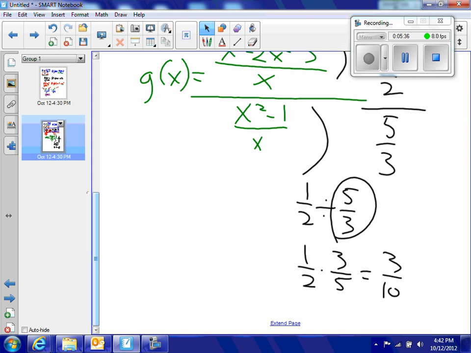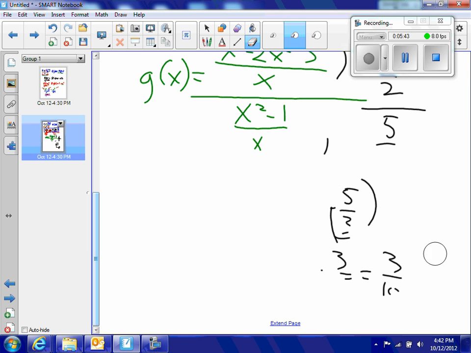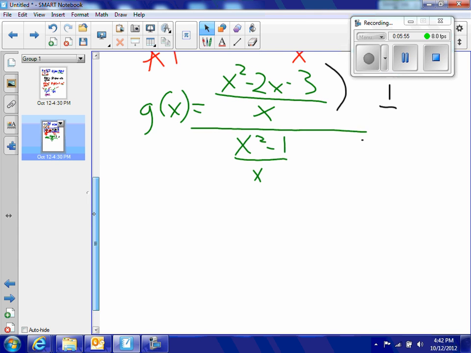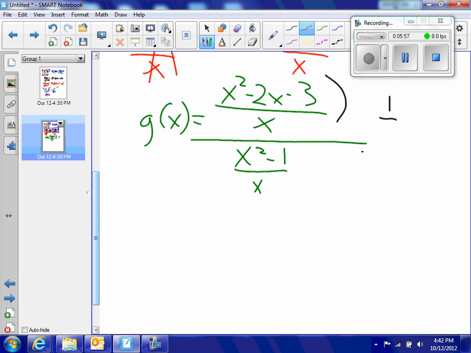So I'm going to do the same thing here. Let's erase what I just did. I'm going to take the reciprocal of my denominator and multiply it times my numerator.